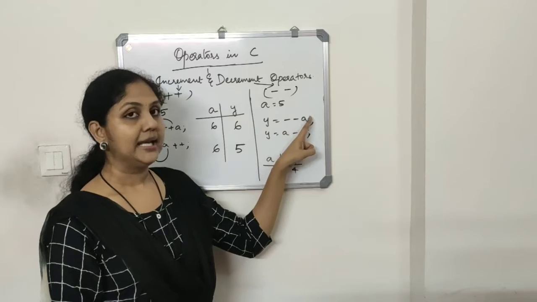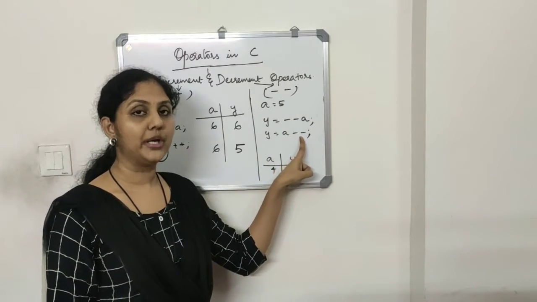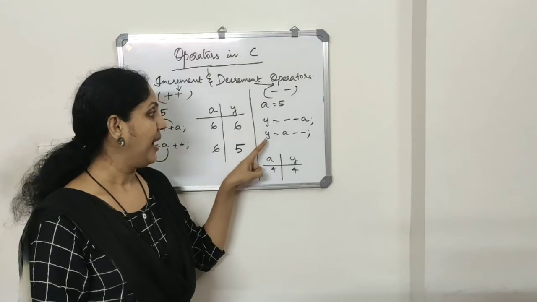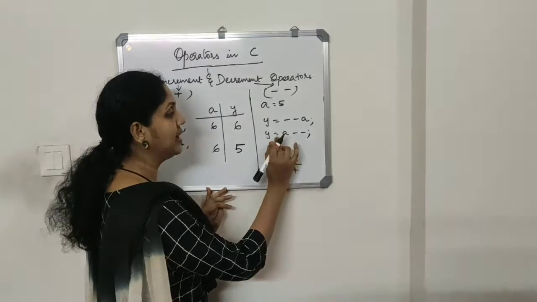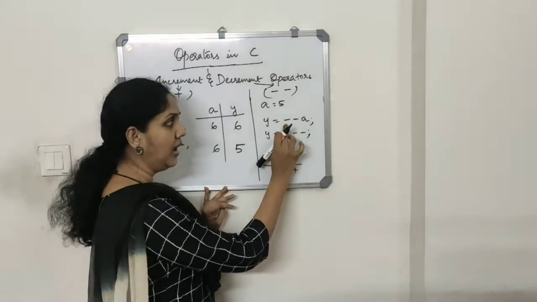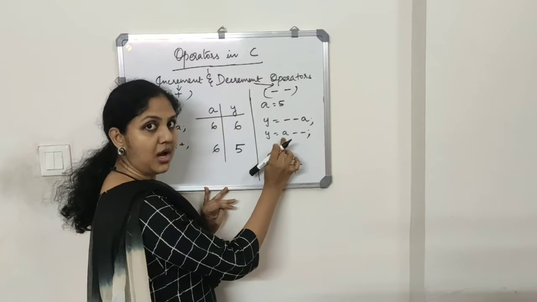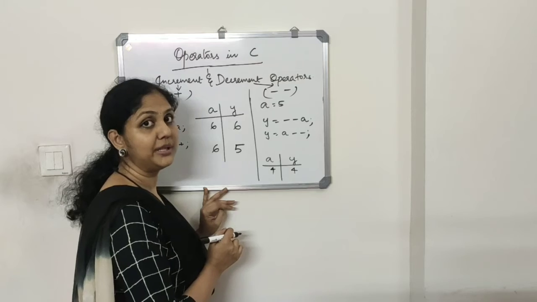This is pre-decrement operator. Now what will happen to a post-decrement operator when we use with an expression? Y equal to a minus minus. Just see what is there after the equal to. First, what is coming first? This operator or operand? Operand, right? So this will be assigned to y first. Now here what will be the output?